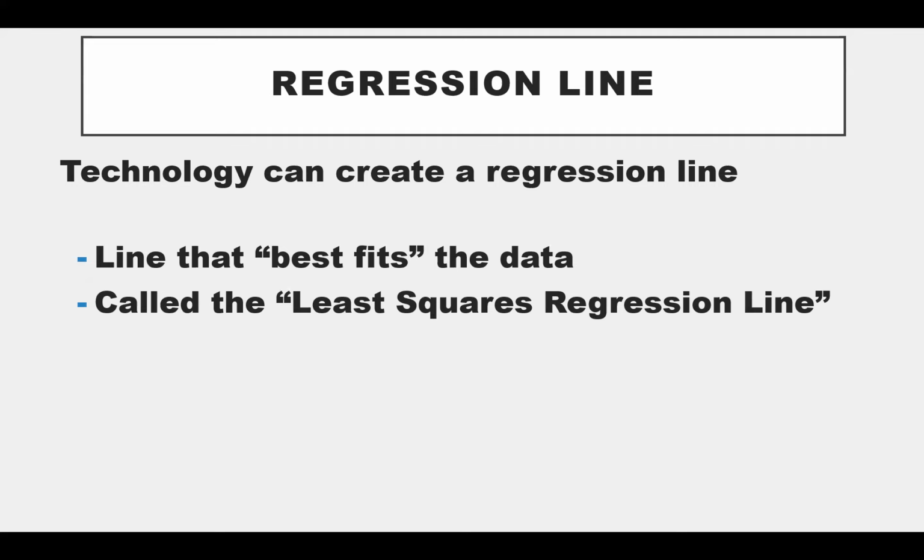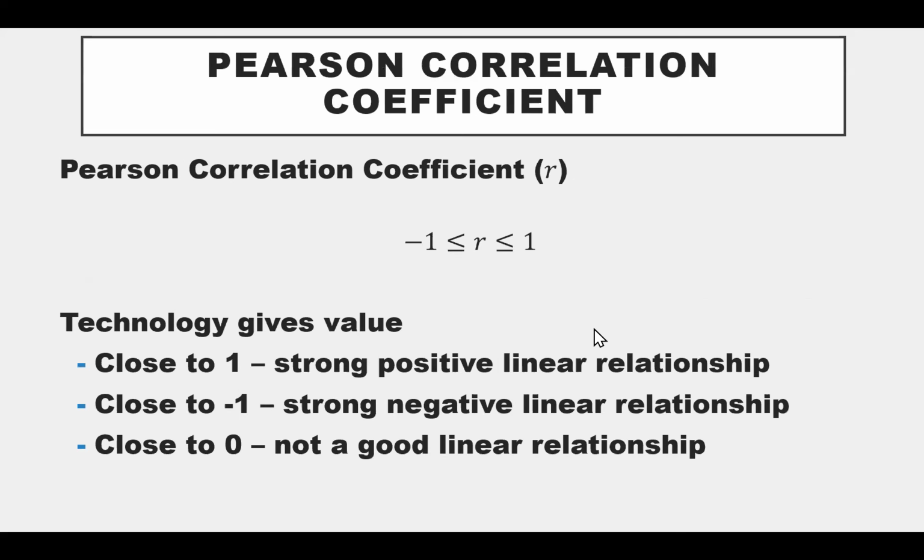So the line that best fits the data is something that we're going to find using technology. That line is called the least squares regression line. I'll talk about what that least squares means in a moment.